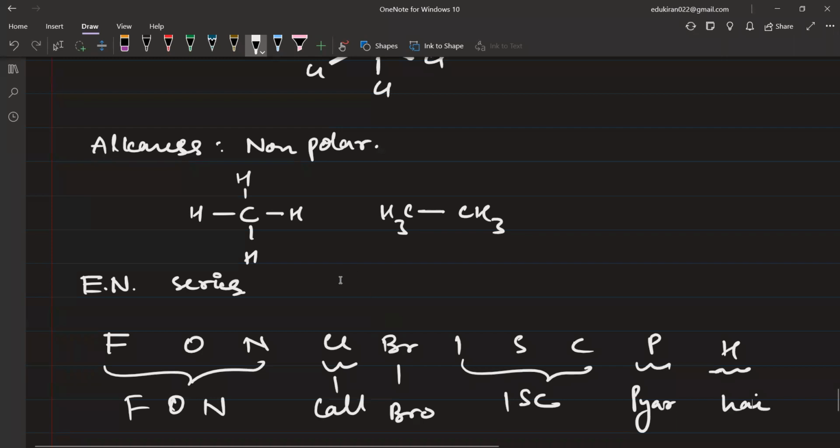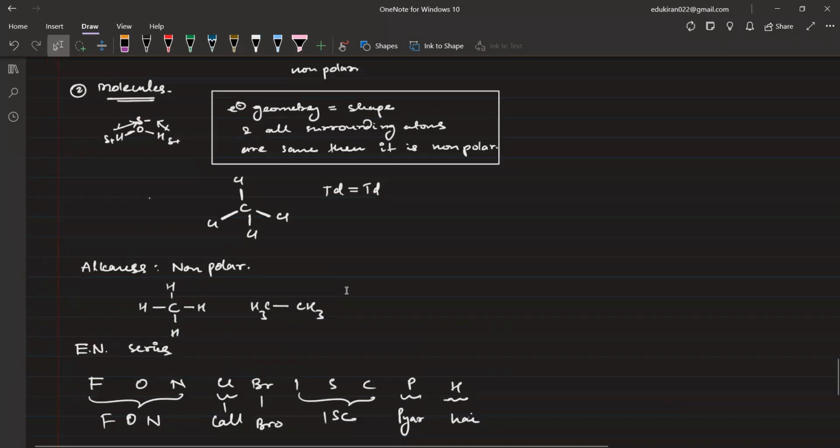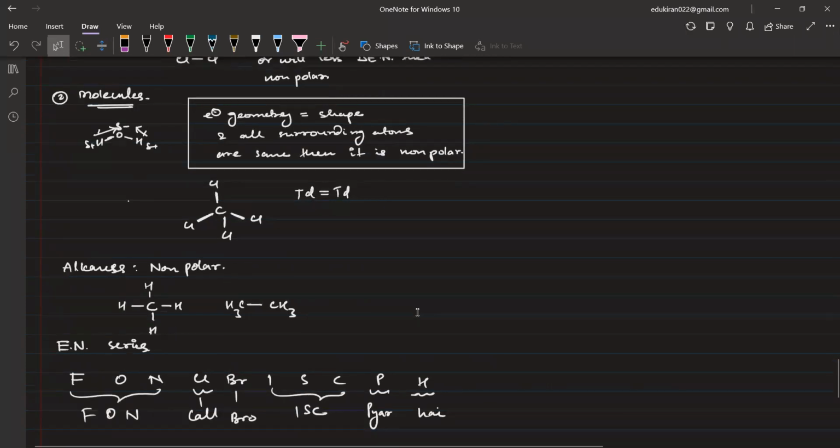So all of these things you combine and you will understand what is non-polar and what is polar. Okay, this much information is needed. That's it for molecules. If you want to note this down, note this down. Otherwise, just let me know.